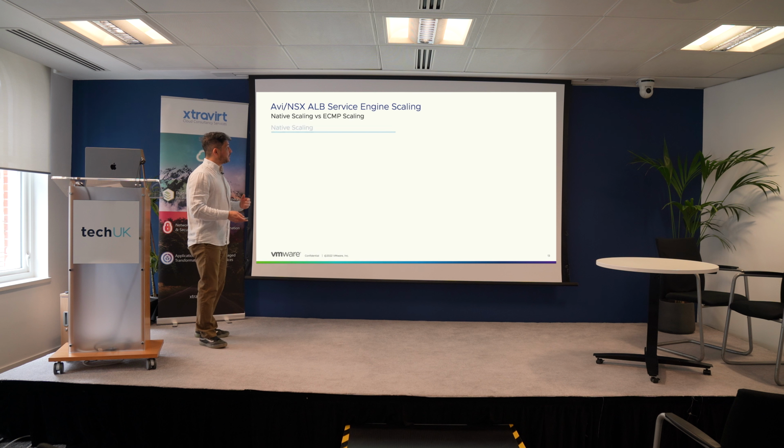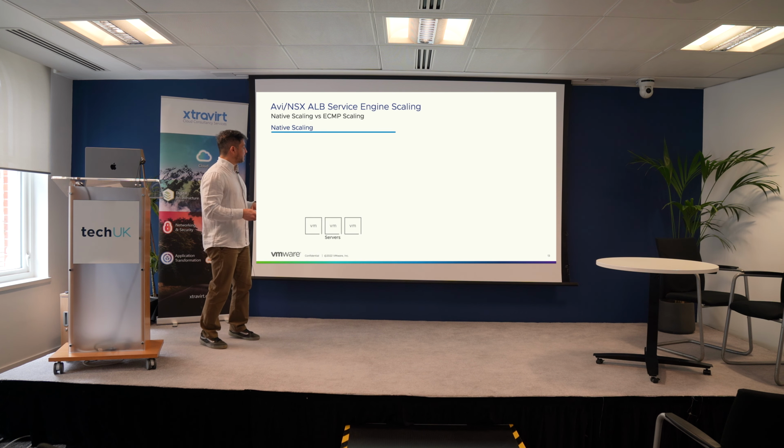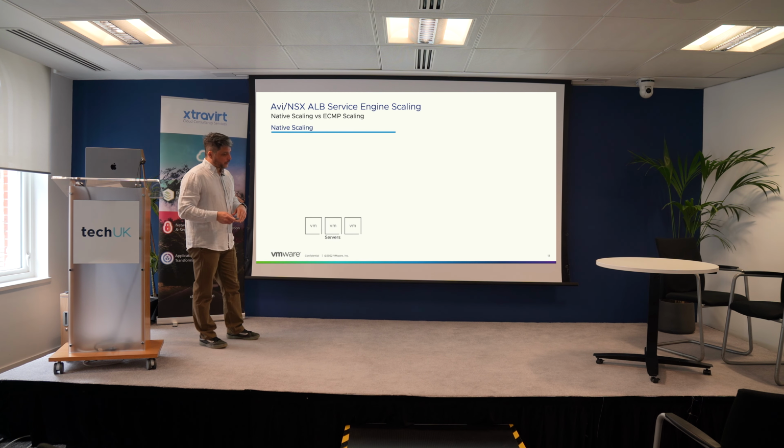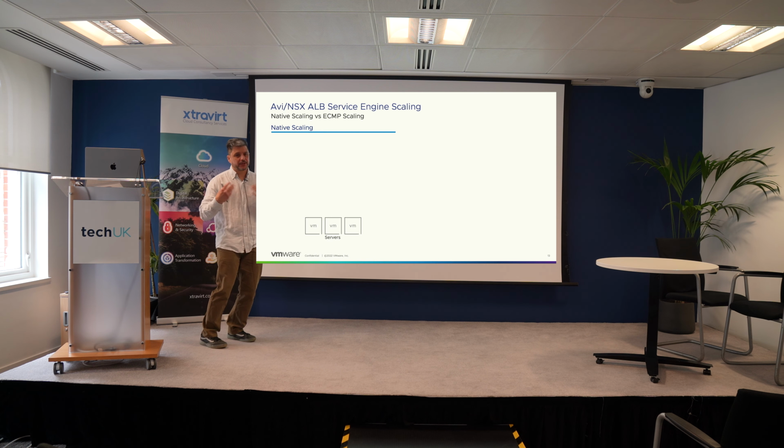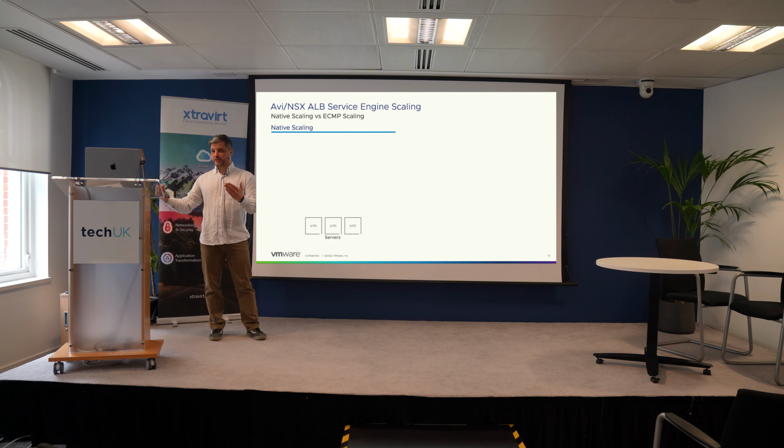So you have the native scaling. The native scaling is a more limited solution because the way it works, it uses some tweaks on the networking stack of the service engine to allow the service engine to respond as if it was the original service engine.